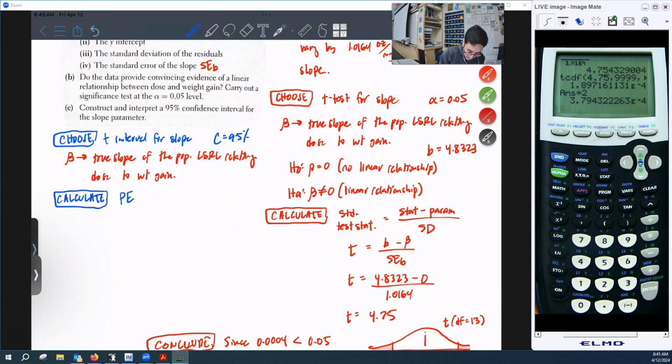So our general formula is a point estimate plus or minus a margin of error. In this case, our point estimate is b, the sample slope. Our margin of error is a critical value, that's a t-value, times the standard error of the sample slope. All right, so we already know b is 4.8323 plus or minus, okay, our critical value, all right, 95% and 13 degrees of freedom.